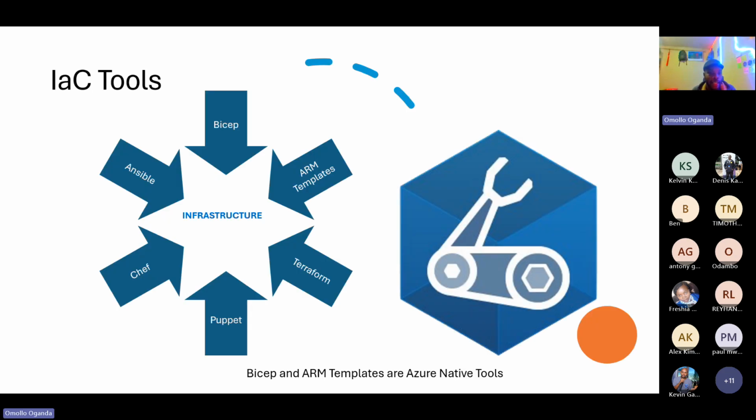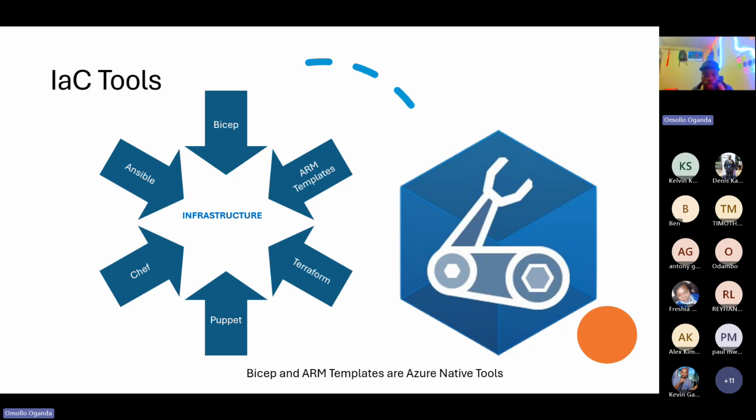So let's understand some of the tools that help us to be able to use code to define our infrastructure. We have IaC tools. One of them, we have Bicep, we have ARM templates, we have Terraform, we have Puppet, we have Chef, and we have Ansible.